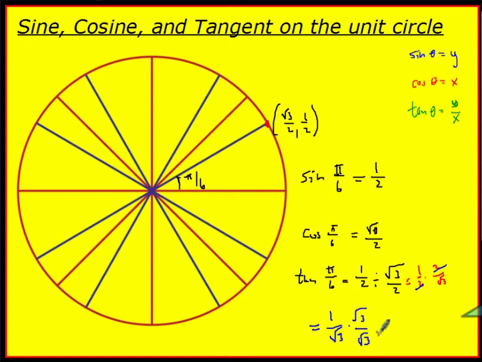I have seen some changes recently in some programs, but generally speaking, we don't leave those radicals down there. So multiply by square root of 3 over 3. In the numerator, we get the square root of 3. In the denominator, square root of 3 times square root of 3 is square root of 9, which is just 3. So my tangent of pi over 6 is the square root of 3 over 3 when simplified.